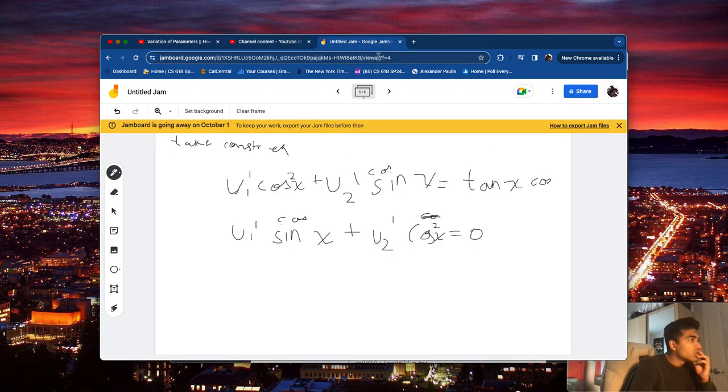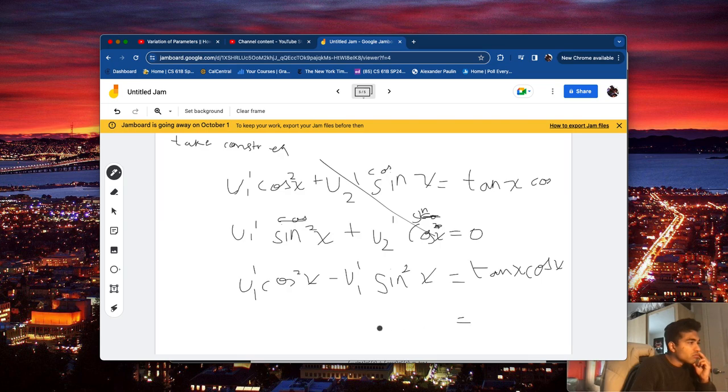In the other scenario, you're going to multiply the whole equation by sine. So this will turn to sine square x, and this will be the sine cos. So basically, you subtract this, then u1 dash cos square x minus u1 dash sine square x equals tan x cos x.